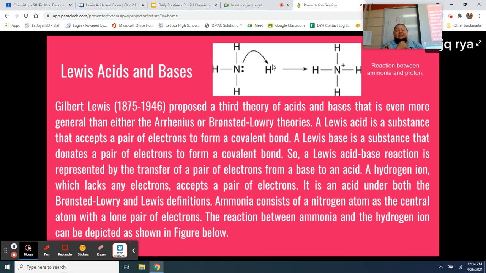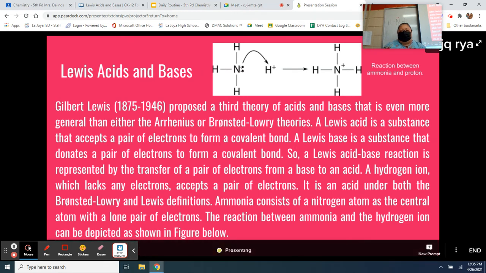Hydrogen is an acid under both Bronsted-Lowry and Lewis definitions. Ammonia. Ammonia consists of a nitrogen atom as a central atom with lone pairs of electrons. The reaction between ammonia and hydrogen can be depicted as shown in the figure above.